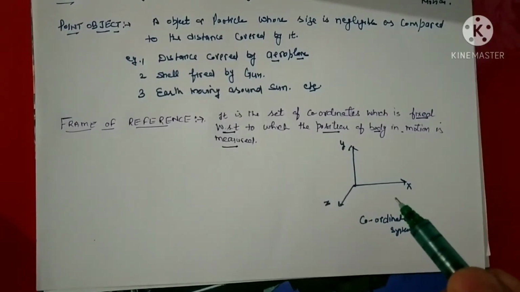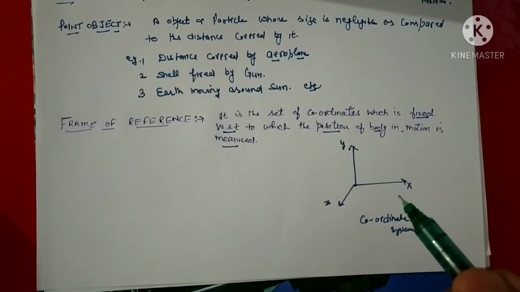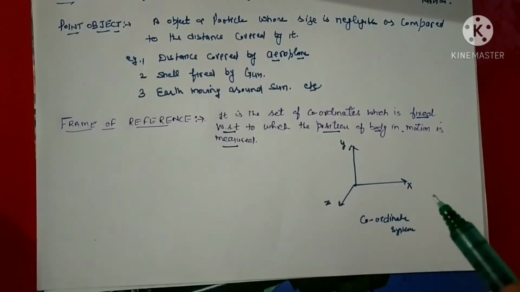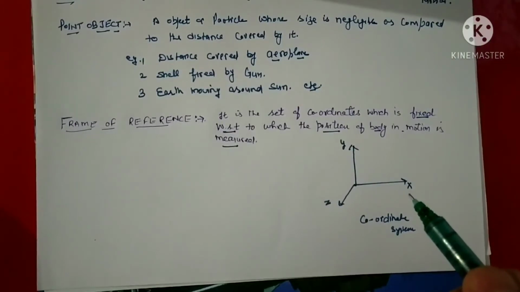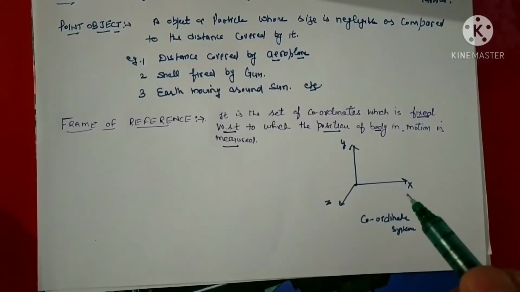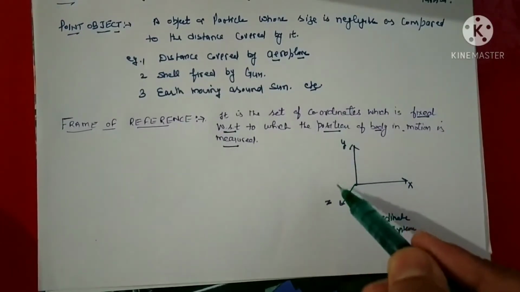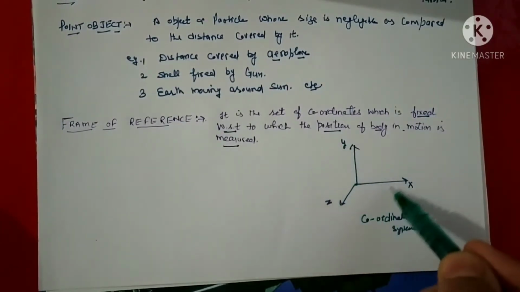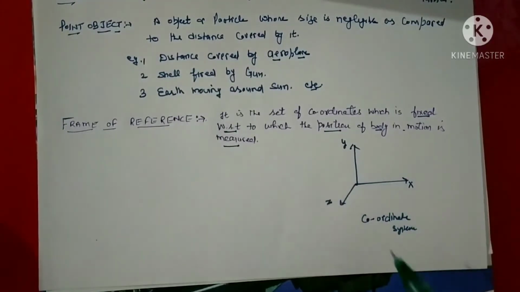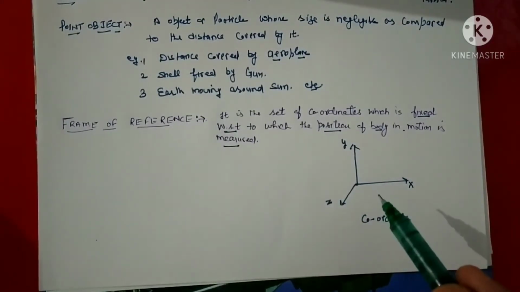So with respect to the frame of reference of the person standing alongside the road, the bus driver is in motion. But according to the frame of reference of the passenger sitting inside the bus, the driver is at rest. So the motion or position of the person can be measured with the help of a frame of reference.